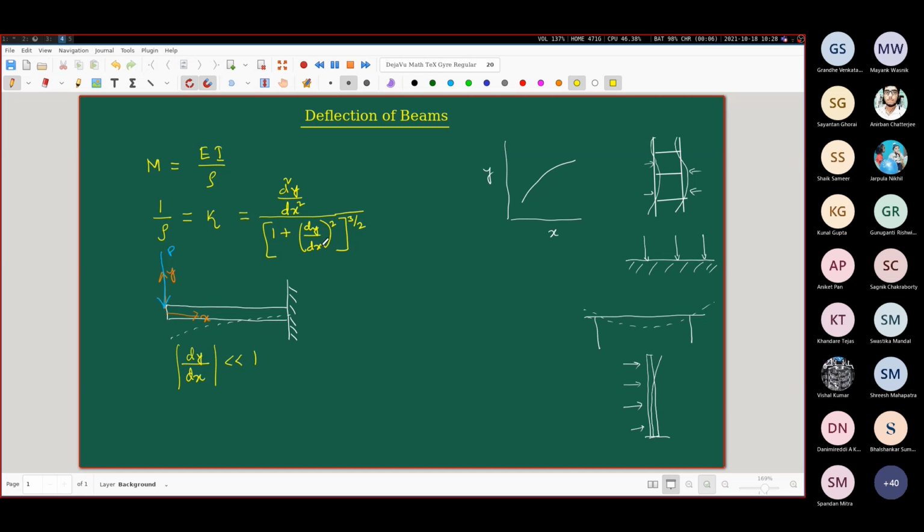Okay, so 1 plus (dy dx) squared is almost equal to 1. We might as well neglect this. So what we're going to say is that 1 by rho is equal to kappa is almost equal to just the second derivative. And this makes our life a lot easier. So we are going to substitute this expression back here, and let's see what happens then.